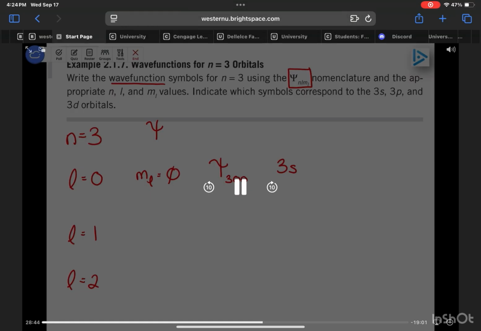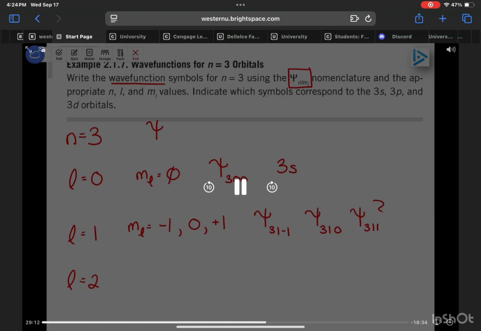If L equals 1, well, the ML options are -1, or 0, or +1, which means the wave functions that we're talking about are 3, 1, -1, 3, 1, 0, and 3, 1, +1.